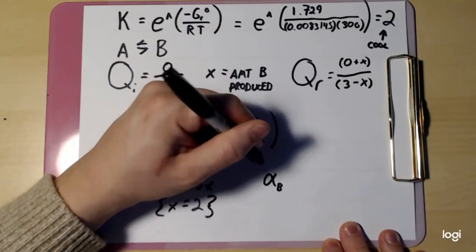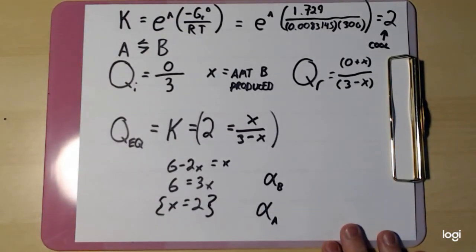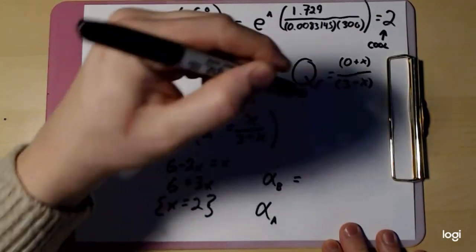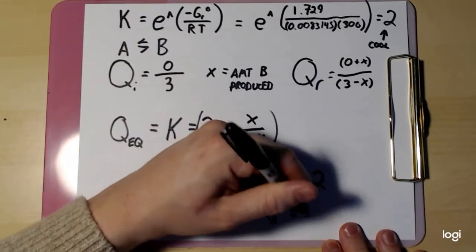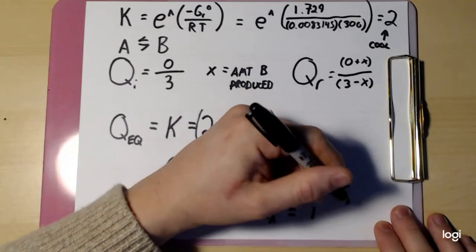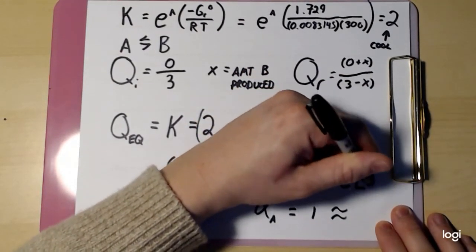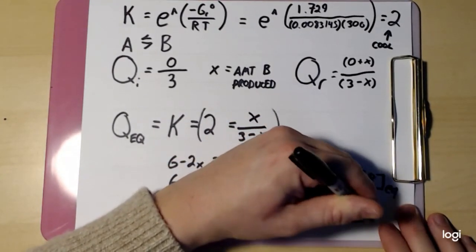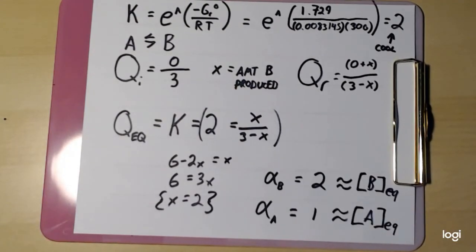So the activity of B and the activity of A should equal X and 3 minus X respectively. So just plug X equals 2 into the reaction quotient, and you end up with 2 for the activity of B and 1 for the activity of A. And these are approximately equal to the concentrations of B and A. You'll recall that effective concentration and actual concentration aren't always exactly the same, but for most systems, they're darn close enough.